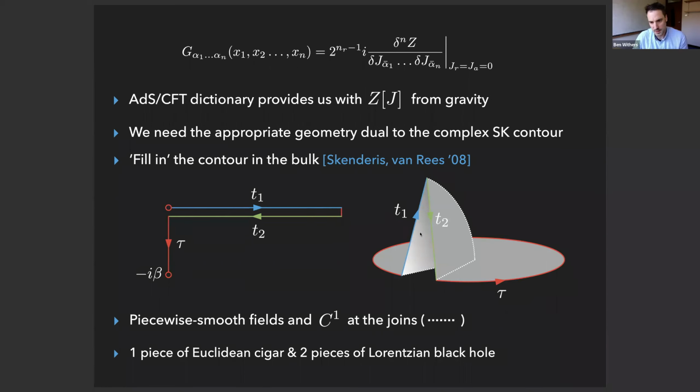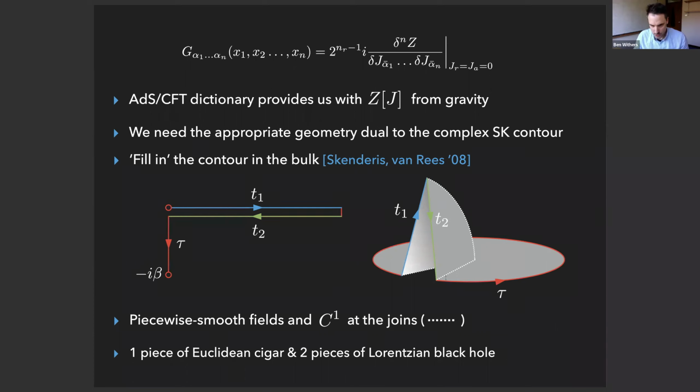That's denoted by this piece of the diagram on the right-hand side. The green piece is another Lorentzian piece, but time runs backwards. So we can do the same thing: again, a piece of Schwarzschild with the time coordinate reversed. And for this Euclidean time circle with period beta, we simply take the Euclidean Schwarzschild solution, the black hole cigar solution.